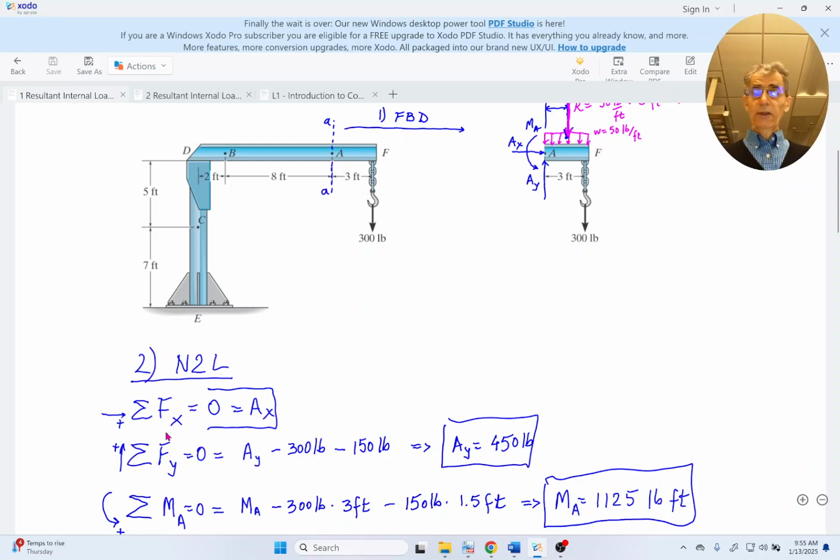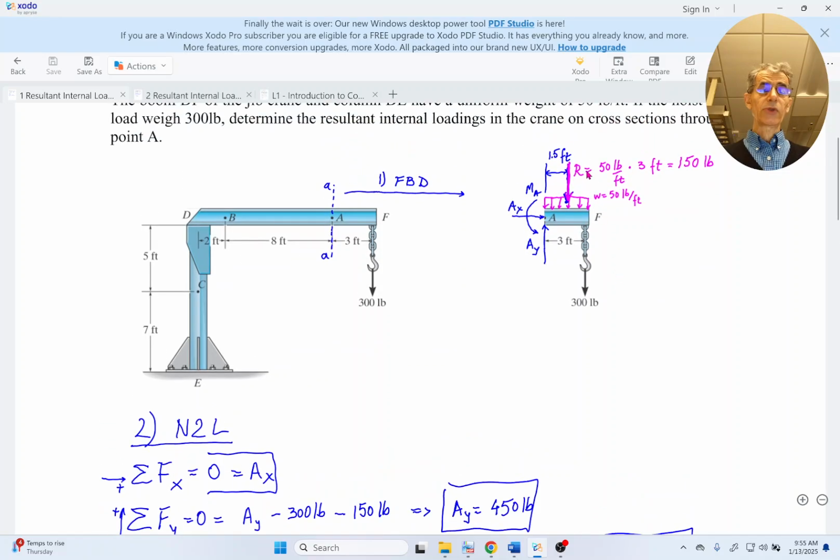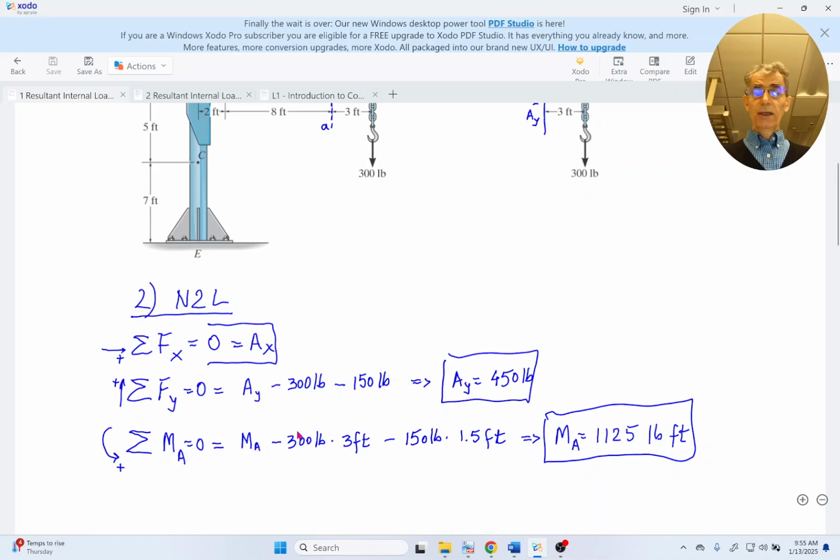And then along the y-axis, we have this AY. If we take it positive upward, then we have to subtract that 300 pounds, and we also have to subtract that 150 pounds, because they all act downward. And when we do the math, very simple, we can calculate AY is equal to 450 pounds.